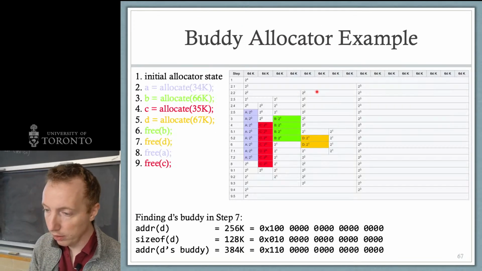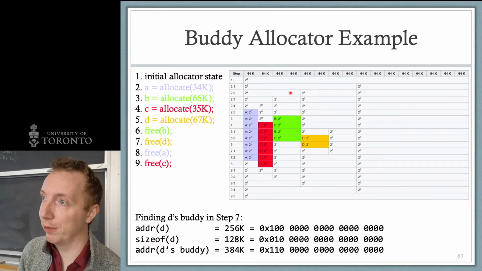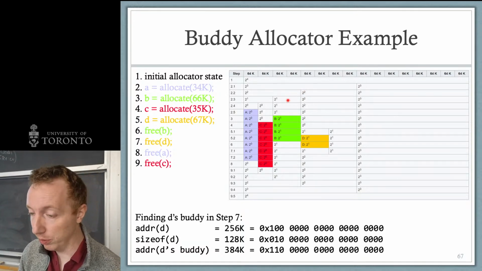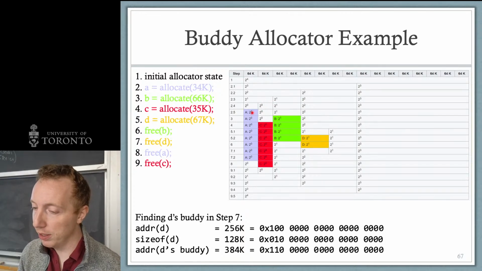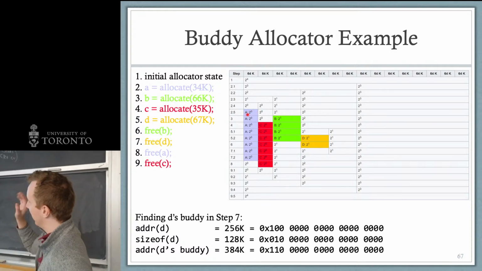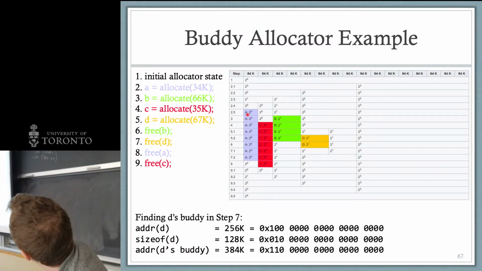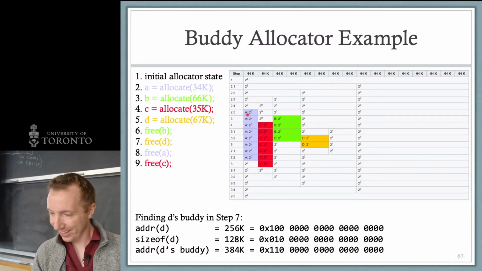Split it into 2 blocks of 2 to the 2, which is 4. Then split that 4 into 2 2s, then split that 2 into 2 1s. And now we have enough for that one allocation. Again, you might just have to look at the slide and download it because that does not look great.